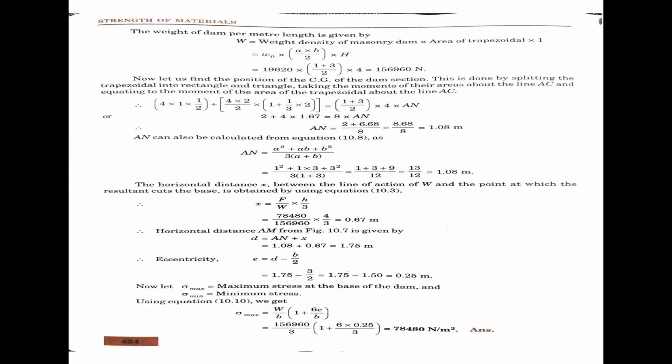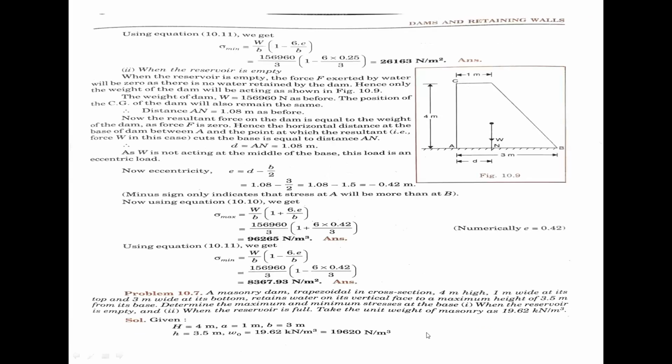Now, to calculate the maximum and minimum stress, you first need the eccentricity. The maximum stress at the base of the dam and the minimum stress are calculated using the formulas. Sigma maximum equals W by B into 1 plus 6e by B. Remember these formulas. W 156960 divided by 3 into 1 plus 6 into 0.25 divided by 3, that gives 78480 Newton per meter square.